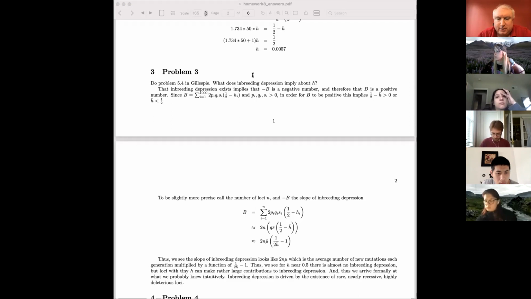What problem was this in Gillespie? 5.4, 4. Okay. I'm in the wrong chapter. That's why I can't find the damn thing. Sorry.